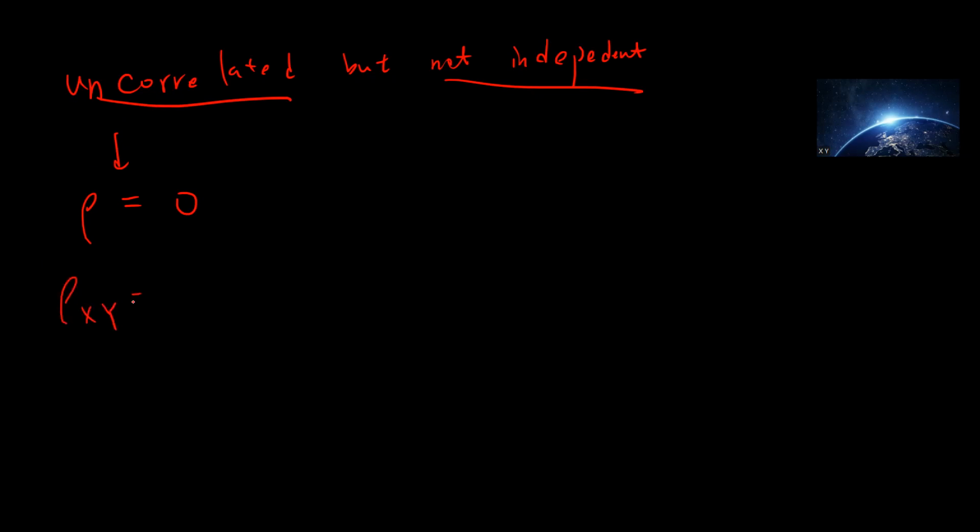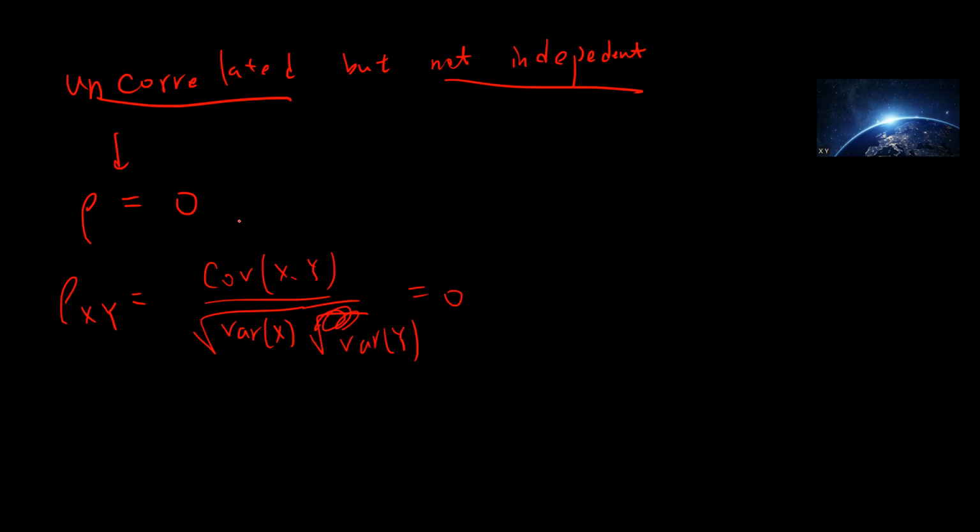Recall that the correlation of X and Y is the covariance of X and Y divided by the square root of the variance of X times the variance of Y. If this is zero, it means that the covariance is zero.